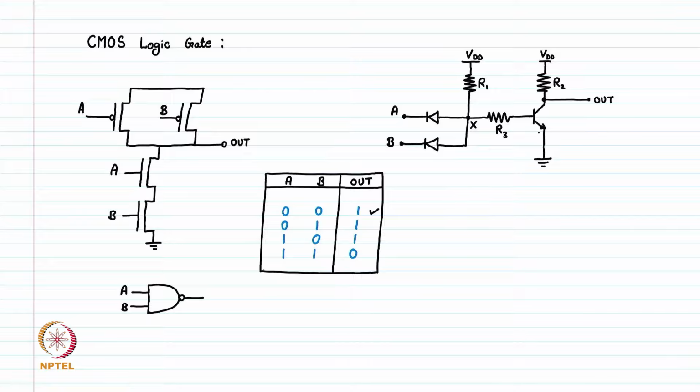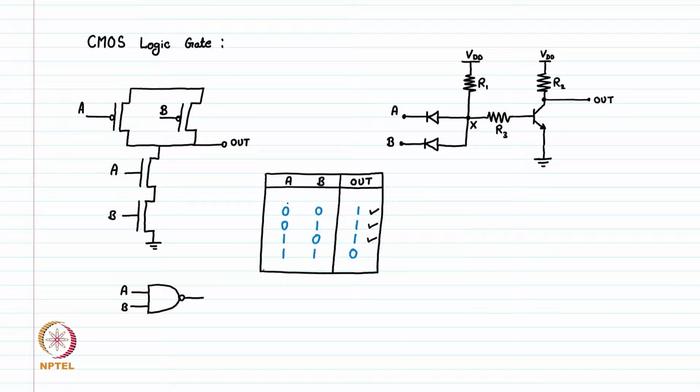It means the BJT will turn off and the output will be high. So in all these three lines, either A is 0 or B is 0, the output is high. In the second line A is 0, so the output will be high, and in the third line B is 0, so this will also be high.